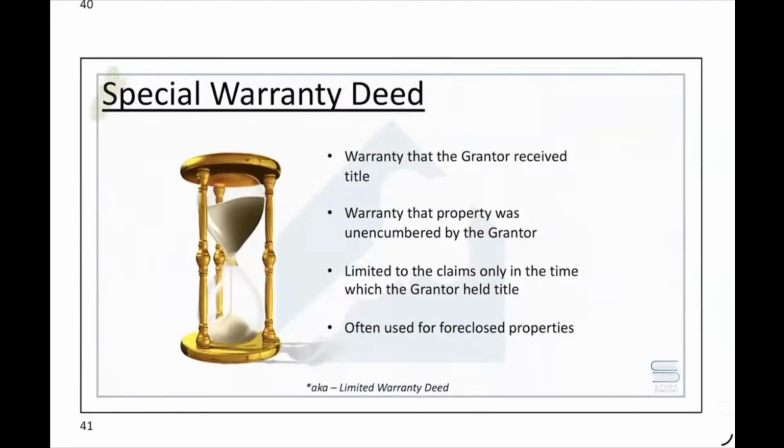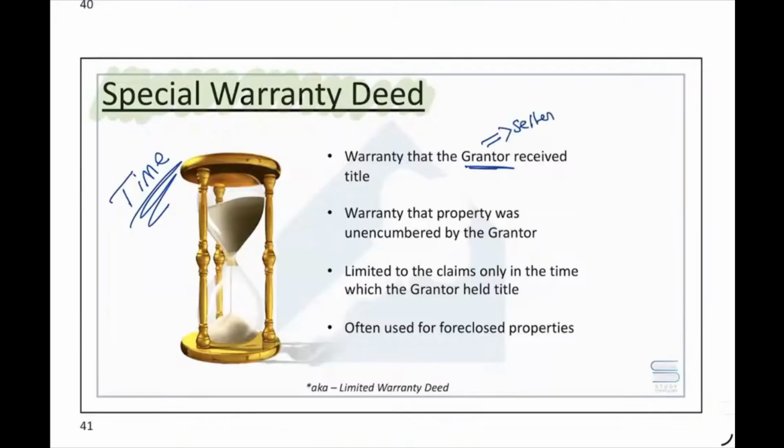Next, we have a special warranty deed. And we know the special warranty deed is all about time. That's why I made it an hourglass. So in a special warranty deed, you get fewer promises, fewer guarantees.